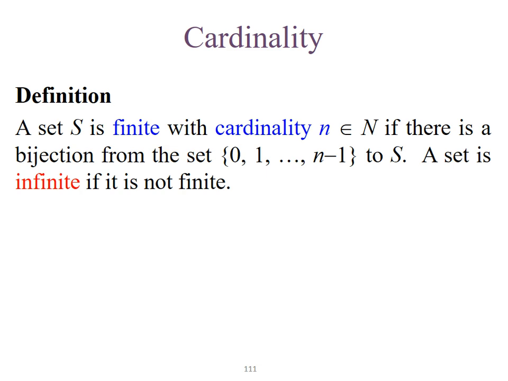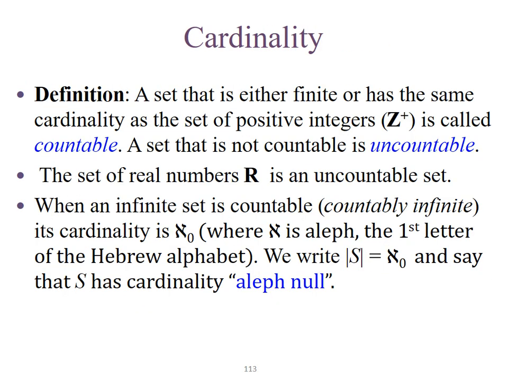Then what is that cardinality? No problem. We can define a very special character now to indicate the cardinality of an infinite set, for Z plus. Although it is infinity, it's alright because we can still count 1, 2, 3, 4 to next.